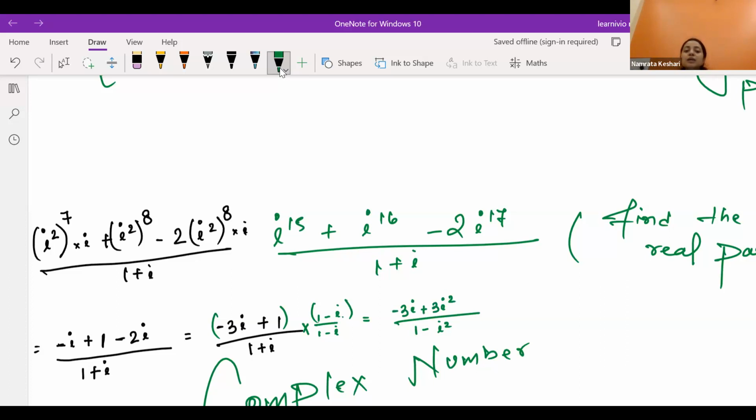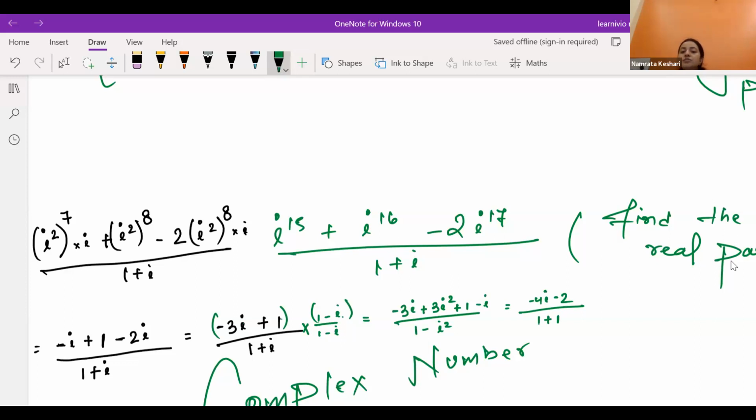Yes, ma'am. 1 will get multiplied with 1, it will be just 1. 1 will get multiplied with minus i, it will be minus i. So in the denominator, 1 minus i square, it will be 1 plus 1, just 2. In the numerator, minus 3i minus i is minus 4i, plus 3i square is there. i square value we know is minus 1, so minus 3 plus 1 is minus 2.